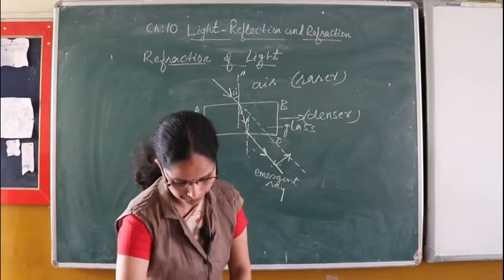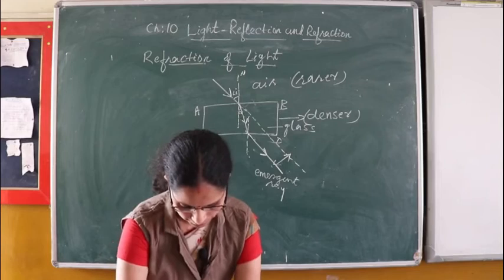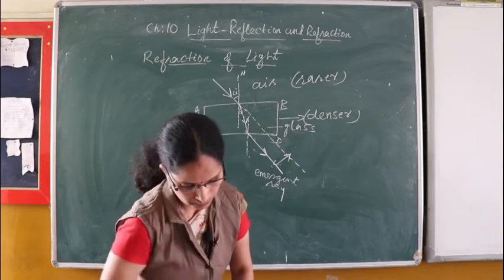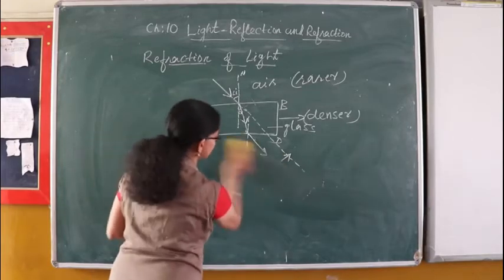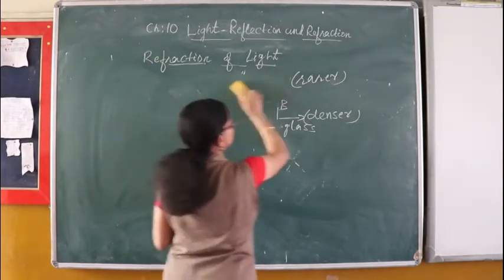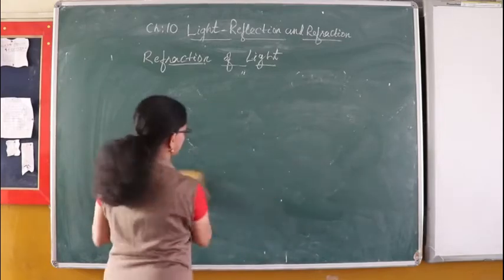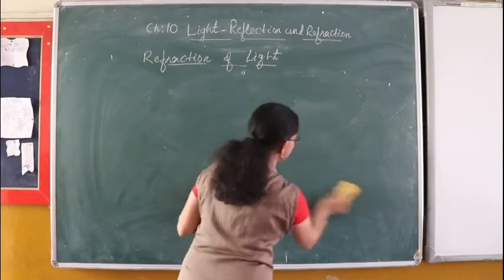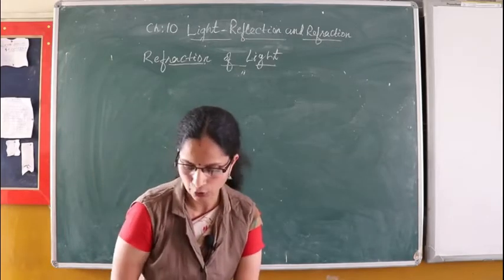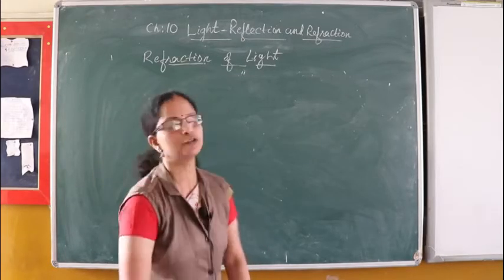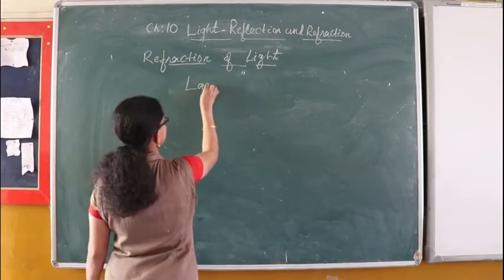Now, the next topic we are going to see is laws of refraction. Refraction of light always obeys certain laws. In any situation when refraction takes place, it obeys certain laws known as the laws of refraction.